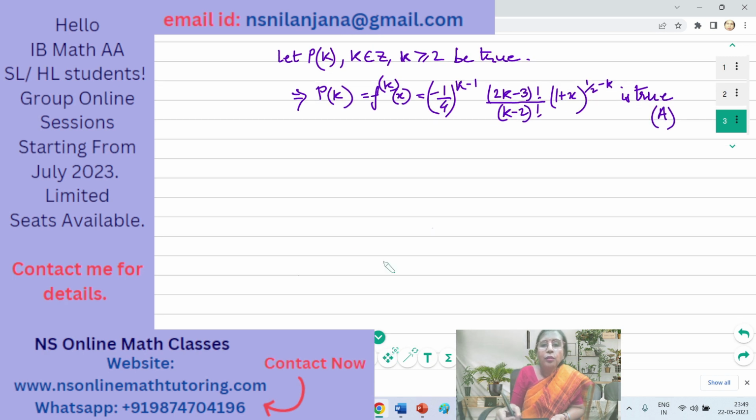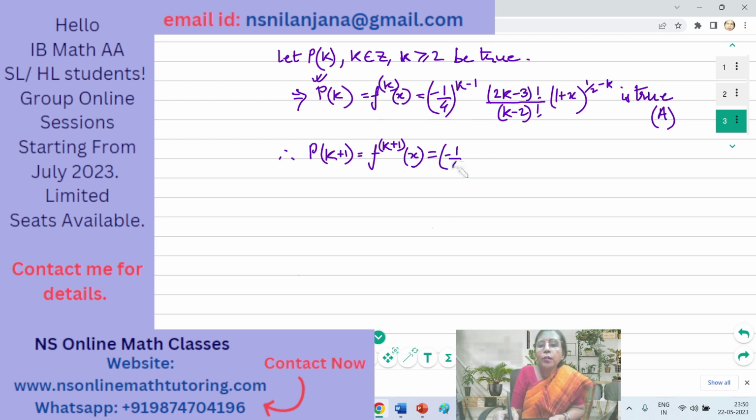Okay, so therefore P of k plus 1 should be equal to the k plus 1 derivative of f of x. Wherever we are having k, I'll be substituting k plus 1. So this is the expression got from the given question.